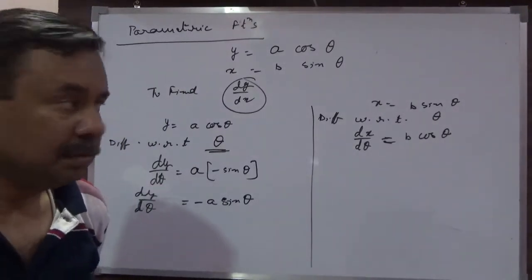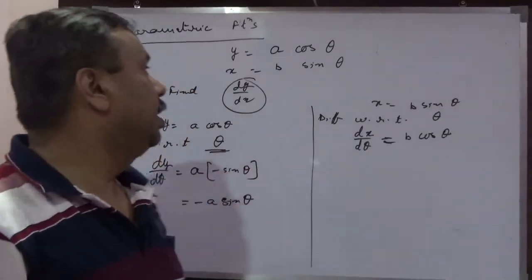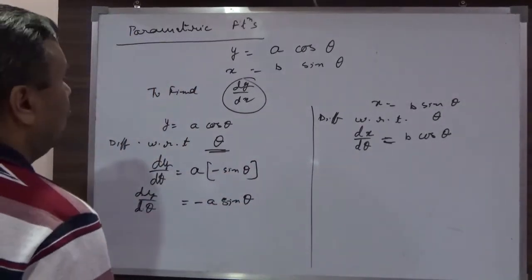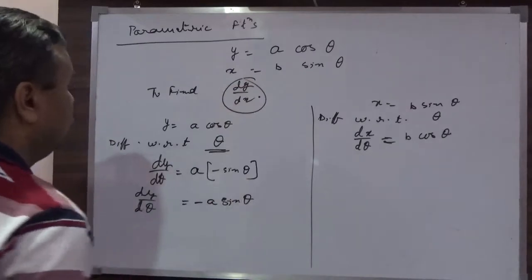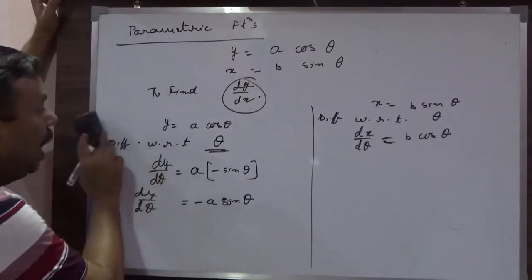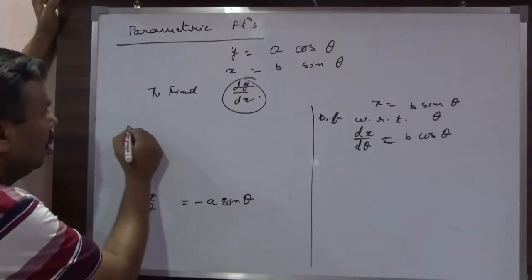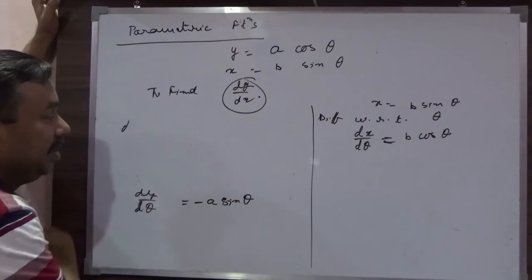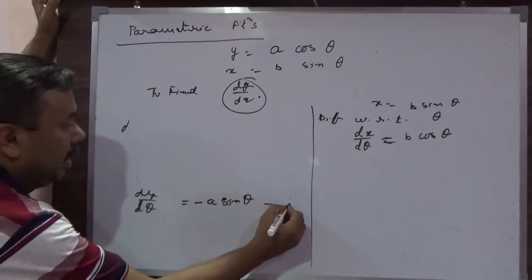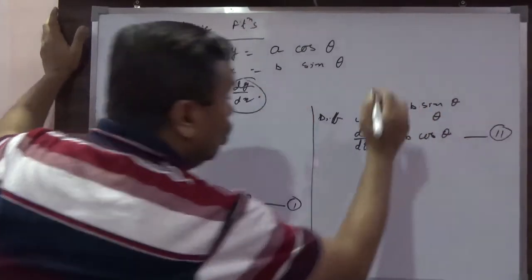Okay, so I have got dy by d theta, I have got dx by d theta, but what I have to find out is this one. So now I need some space here. Take it as equation 1 and take it as equation 2.